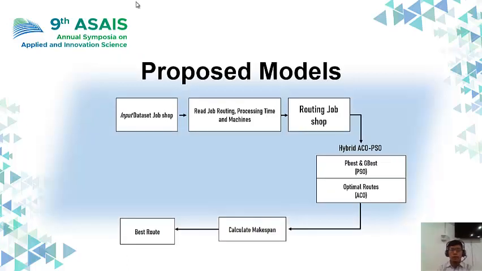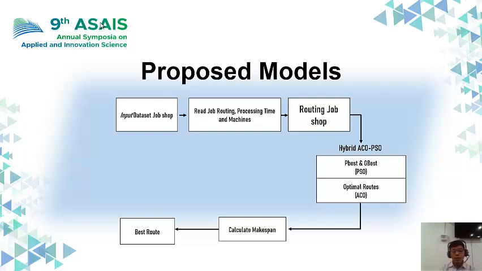Next, the proposed model. The stages of the research method that we conducted were selecting the job shop scheduling problem data, namely the Taillard dataset that will be used for testing. Read the routing of jobs, including the machine and job for each dataset.